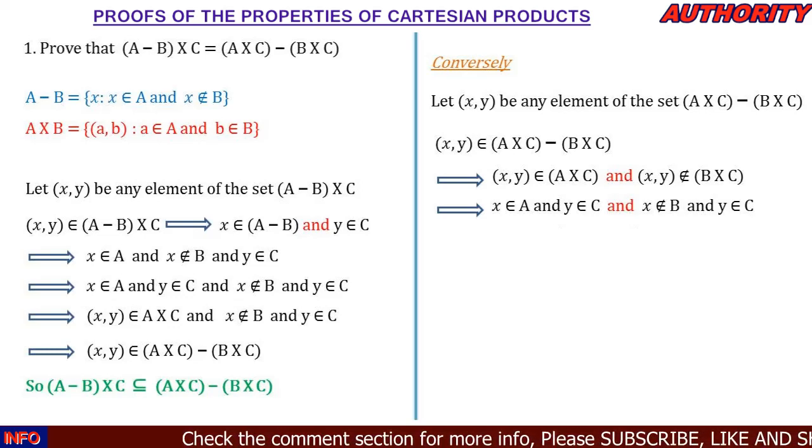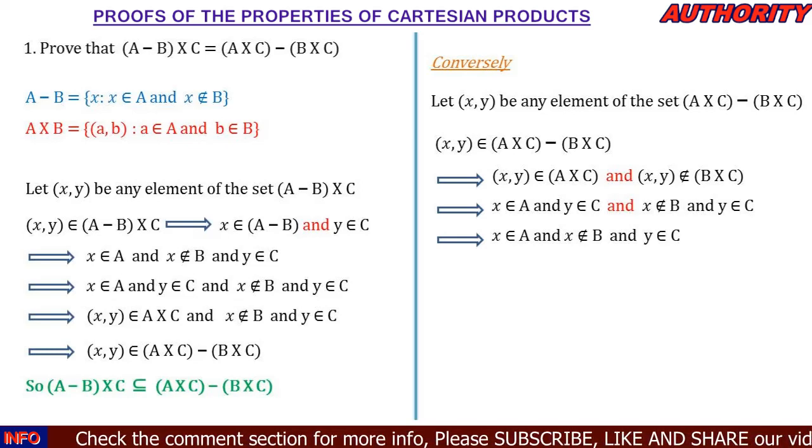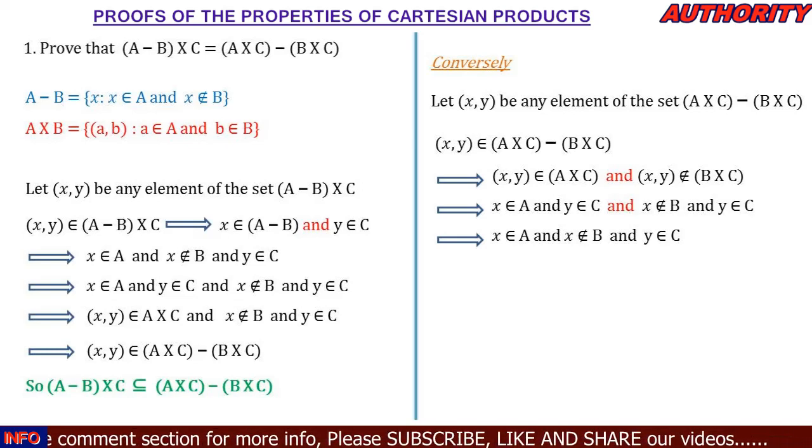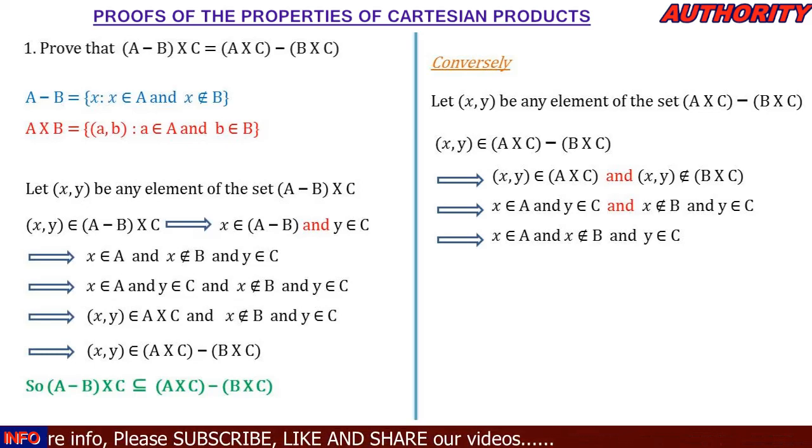If you bring A and B together, we have X exists in A and X does not exist in B. That is what we have for A and B. And then we also have Y exists in C. Since we have Y exists in C two times, we can do away with one, and we simply say that Y exists in C. We know it. Okay?